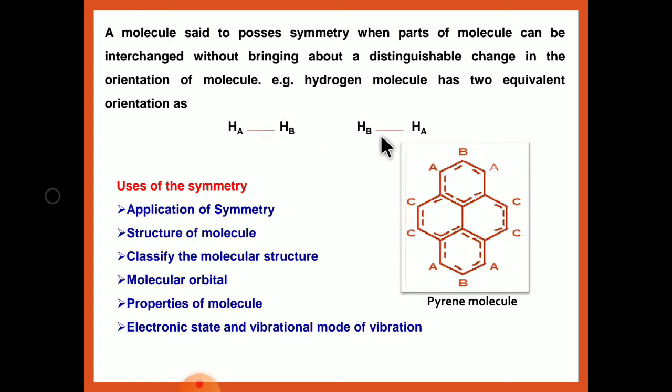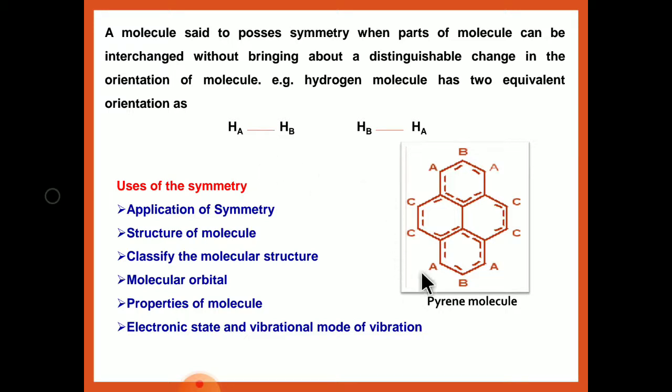This is an indistinguishable change, which means we get the same molecule after 180-degree rotation. Equivalent molecules are formed after the 180-degree rotation, so we can say this molecule possesses symmetry.